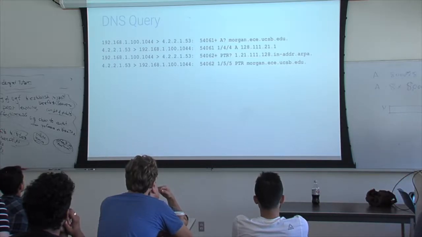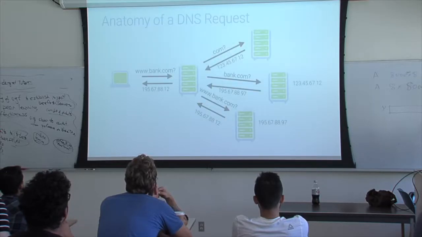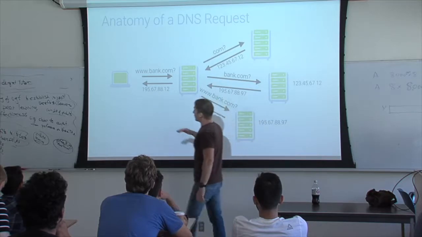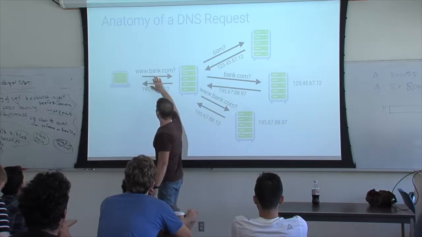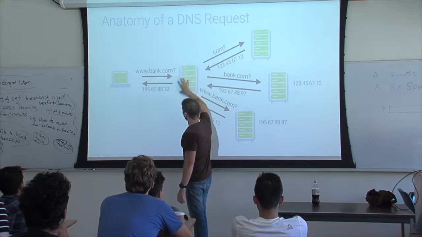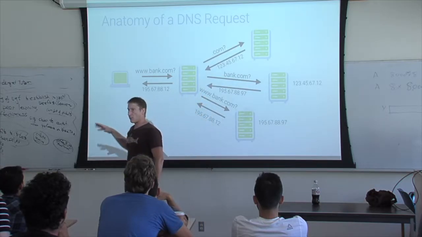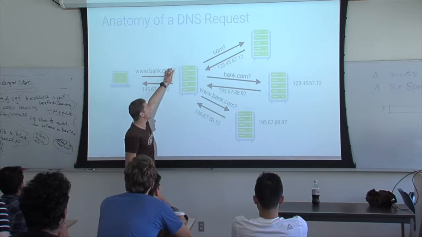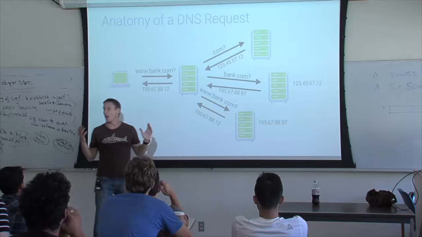If we look at it from a graphic perspective, if there is nothing cached, this person would say, hey, how do I resolve www.bank.com? At this point, this server, if it has nothing in the cache, will say, .com, let's start with this. I have no idea where .com is.